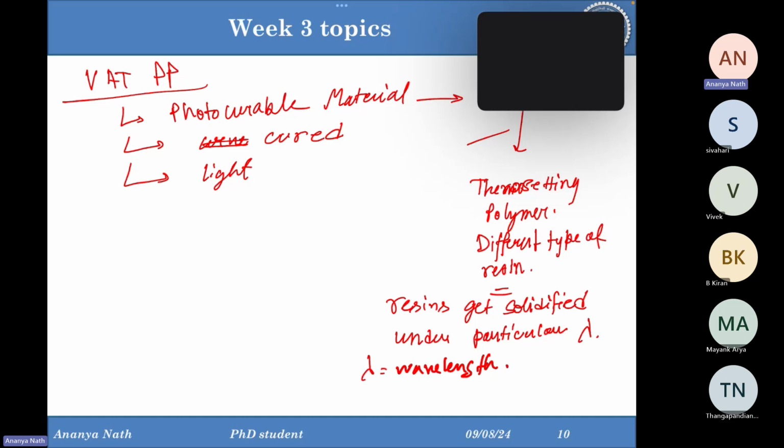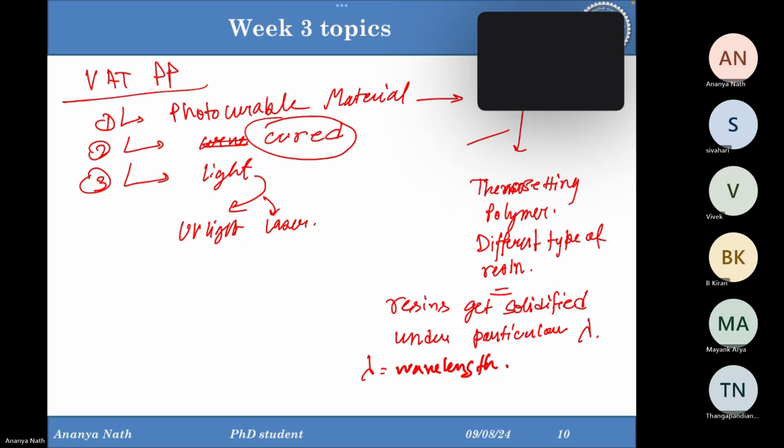And if you are using laser light source, because here the third important point was light. Light means it can be UV light or it can be laser light. For laser also, we use lower wavelength lasers like violet laser, blue laser, and UV light is again having a spectrum in ultraviolet range.